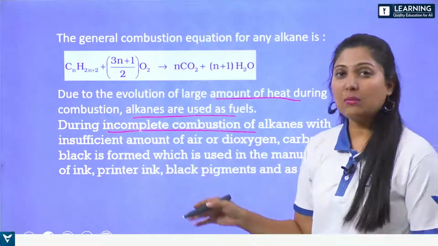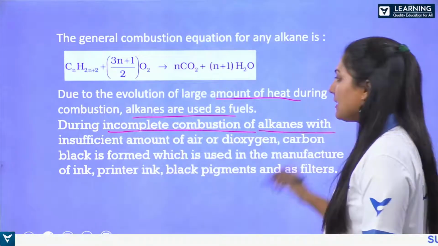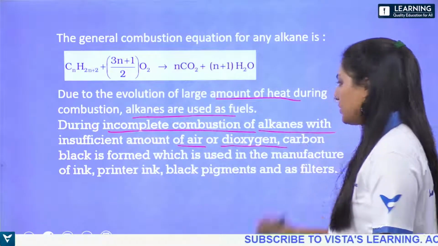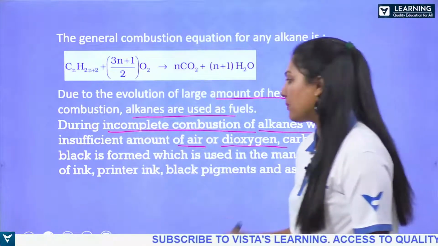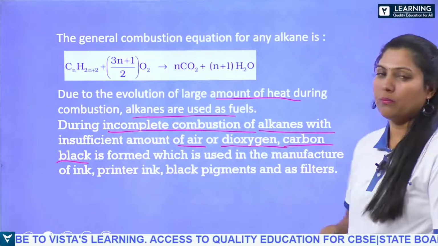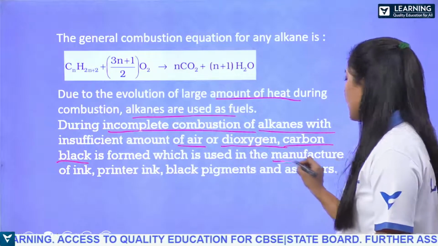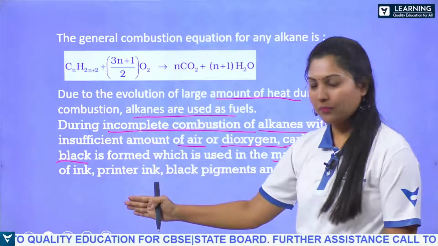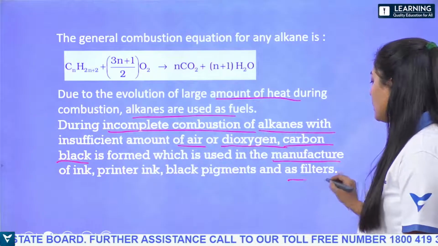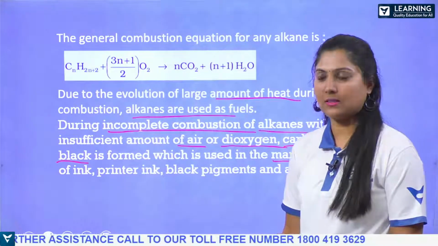So during incomplete combustion, these alkanes with an insufficient amount of air or dioxygen form carbon black. What is being formed? Carbon black, which is used in the manufacturing of ink, printer ink or black pigments, and also as filters.